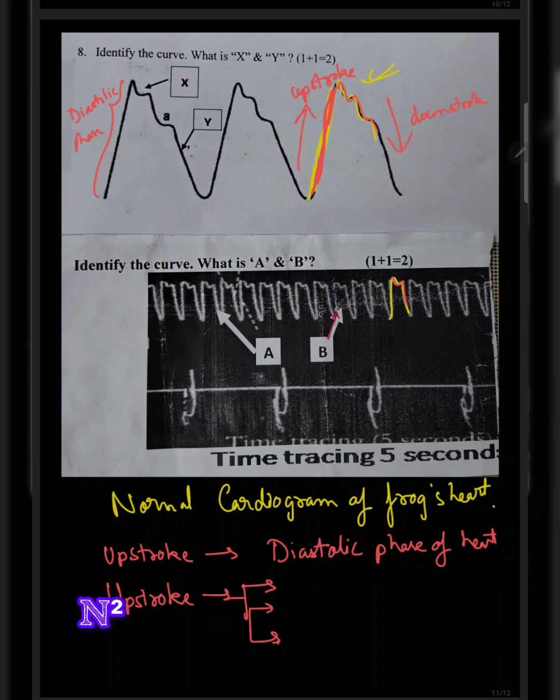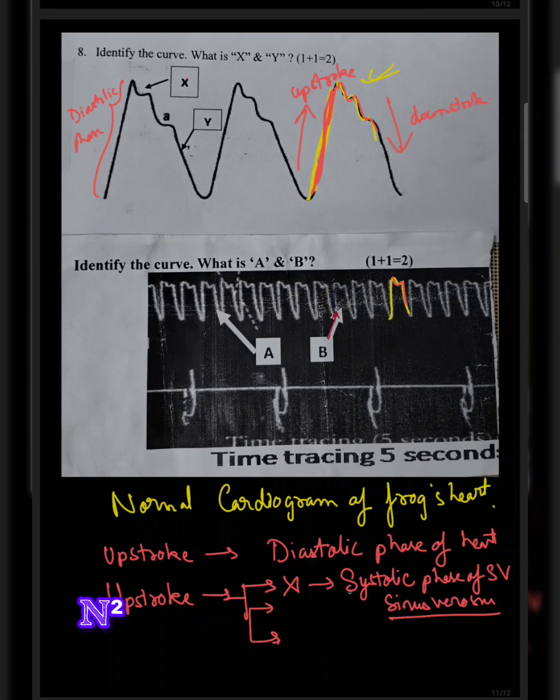The first part, X, is showing you the systolic phase of the sinus venosus, as compared to the human heart, whose pacemaker is the sinoatrial node. In the case of the frog, it is the sinus venosus which does the work of the sinoatrial node.